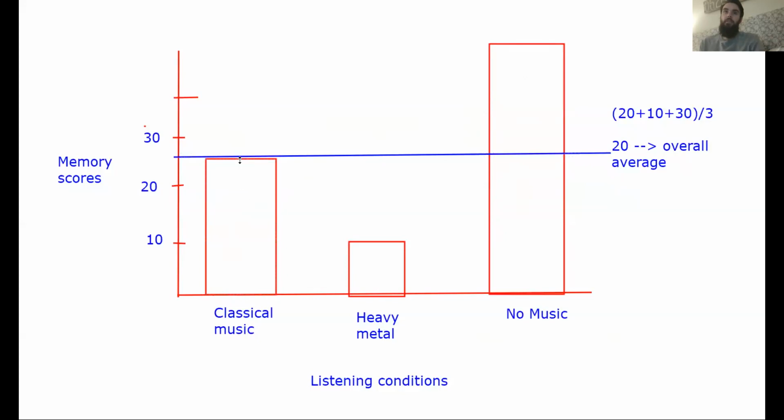Whereas if all three condition means were exactly the same, there'd be no between group variance.